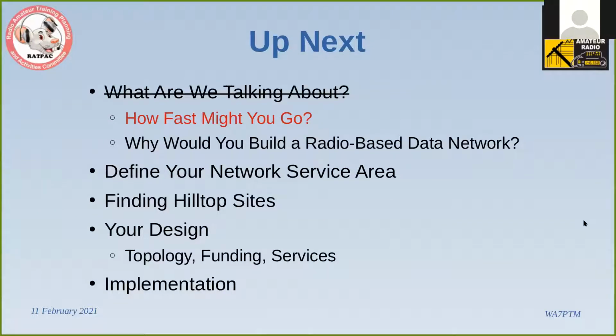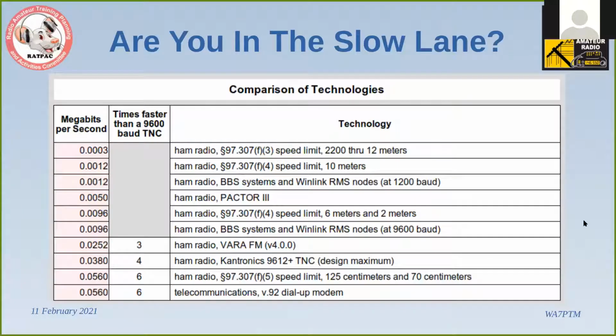So how fast might you want to go, or could you go? Well, here's a comparison. Right now, are you in the slow lane? We've got RMSs at 1200 baud. Some of them are at 9600 baud. You have speed limits in part 97.307, there's speed limits all the way up to a V.92 dial-up modem speed.